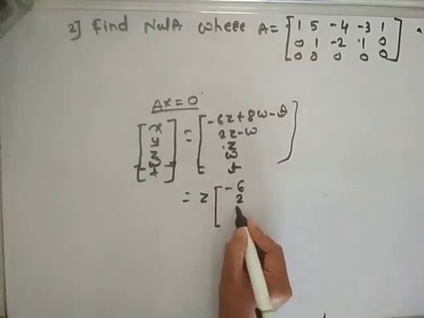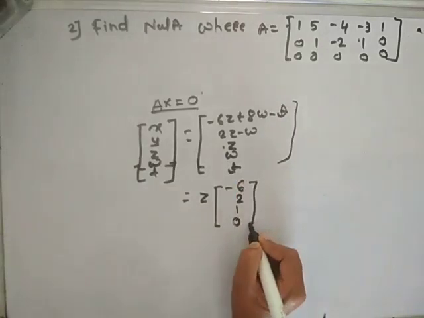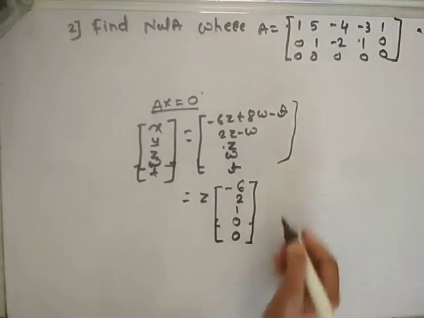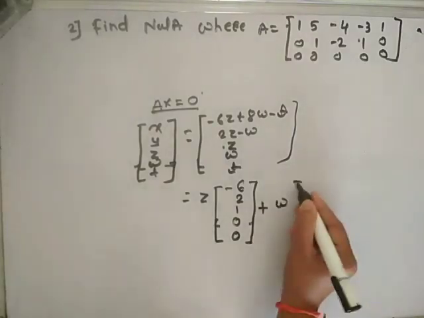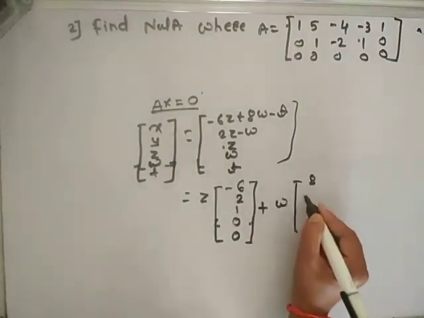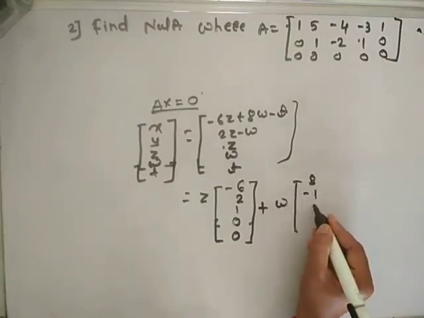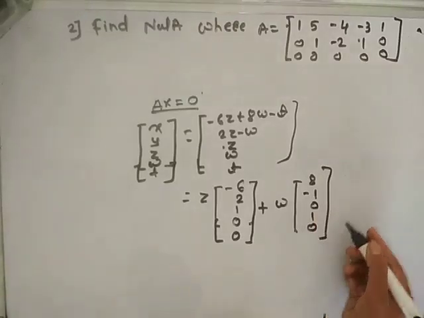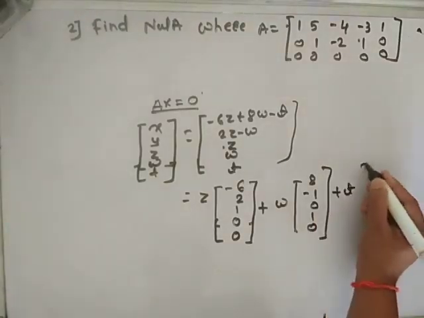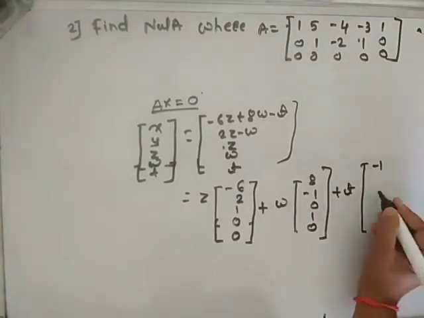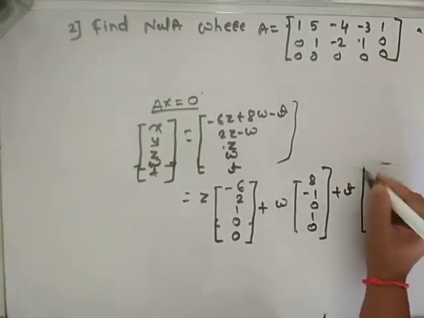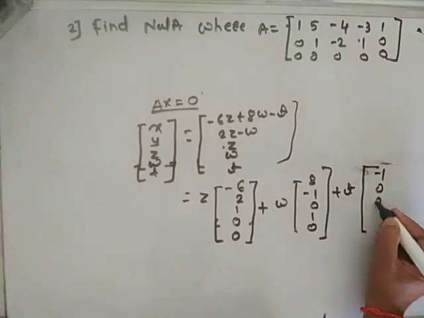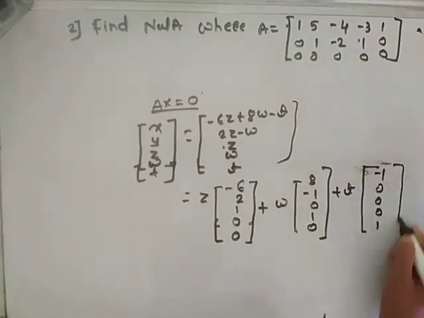Plus w times 8, minus 1, 0, 1, 0, plus t times minus 1, 0, 0, 0, 1.